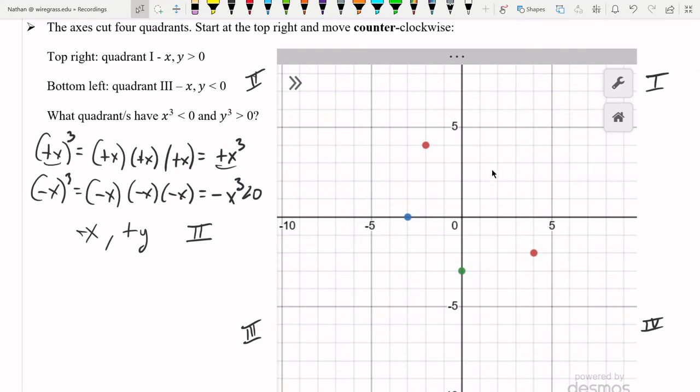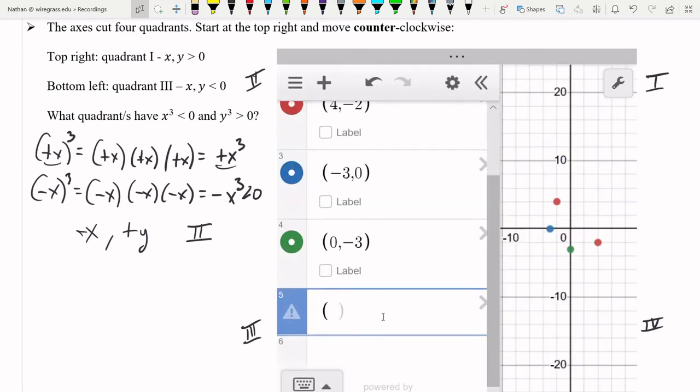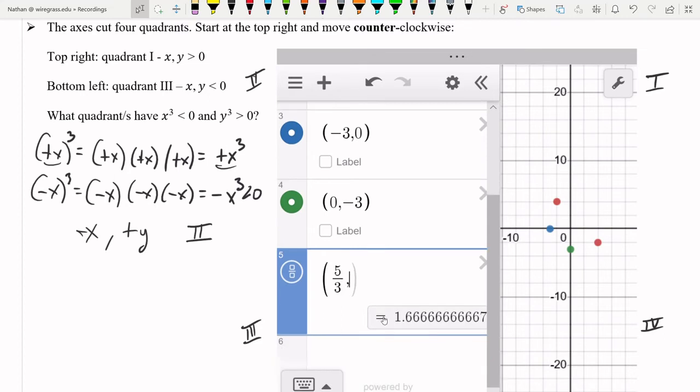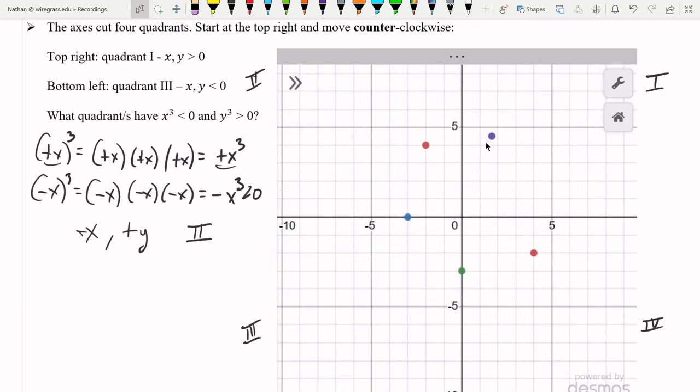So 1, 2, 3, 4, and then halfway up, it'll be just about there, somewhere around that spot on the coordinate system. So go ahead and plug it in. And there it is, 1 2/3, and then 4 1/2 right there.